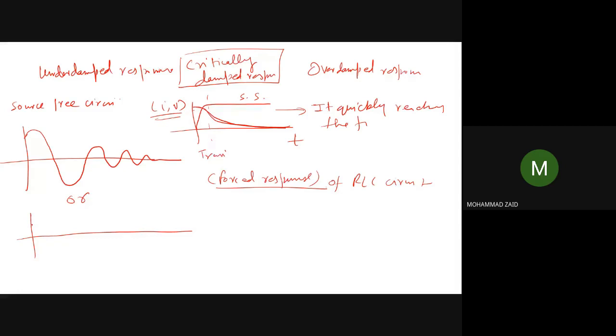It will start from here, and after a few cycles it will come to 0. So this is 0, this is current. This is for unforced.